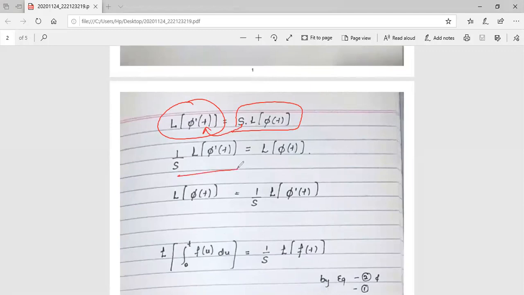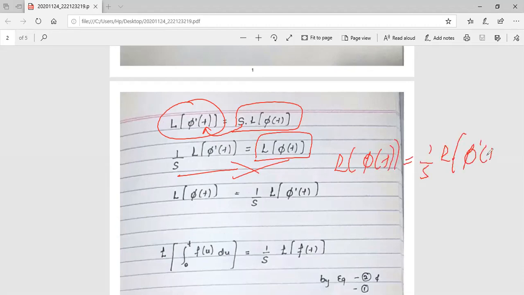We will get 1 divided by s into Laplace transformation of phi dash of t is equal to Laplace transformation of phi of t. So Laplace transformation of phi of t is equal to 1 by s into Laplace transformation of phi dash of t.